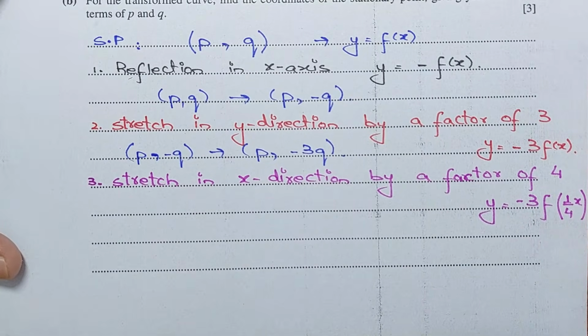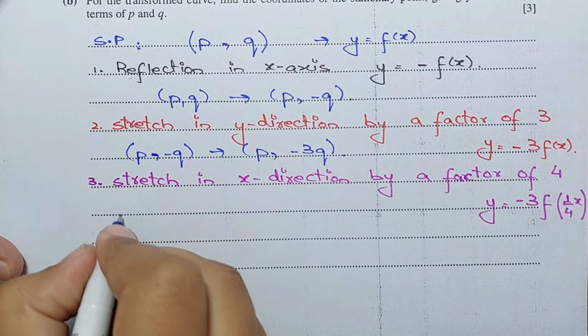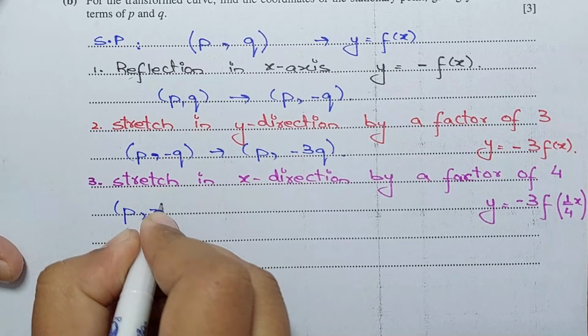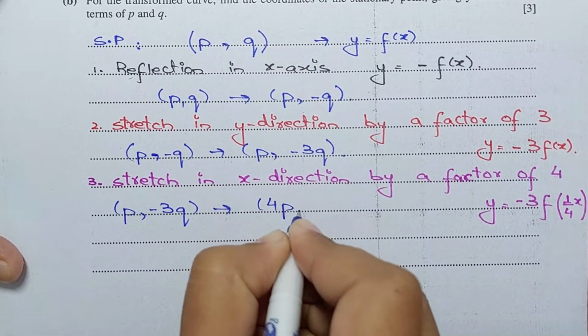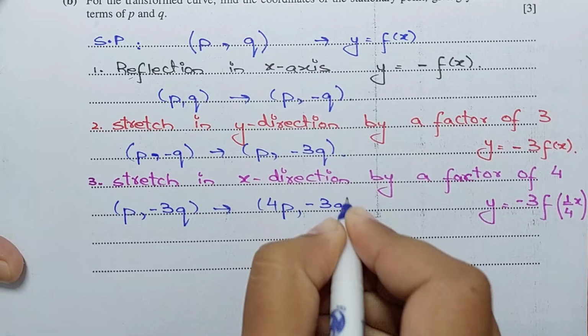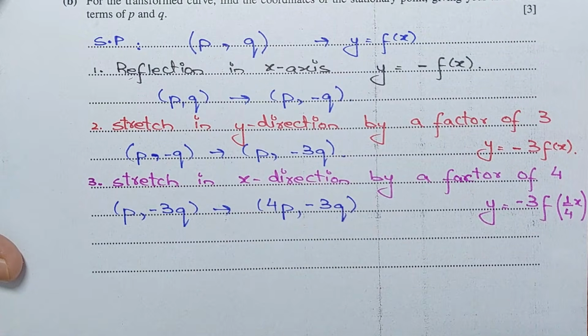Means the x values are multiplied by 4. So now P and minus 3Q changes to 4P and minus 3Q stays the same. Just the x values are multiplied by 4.